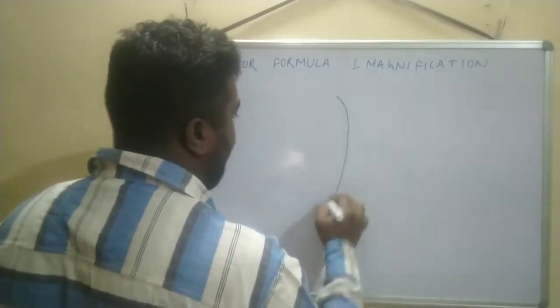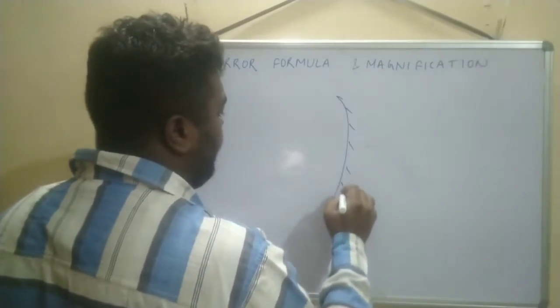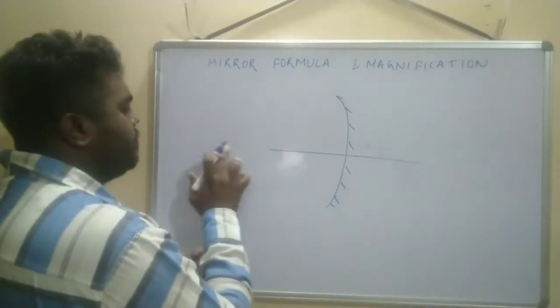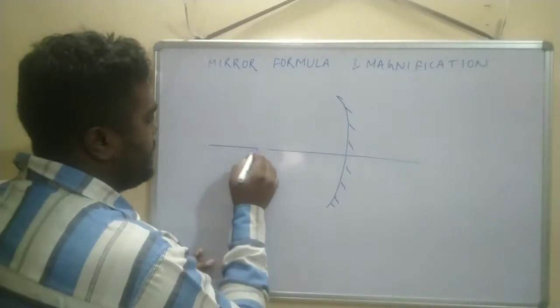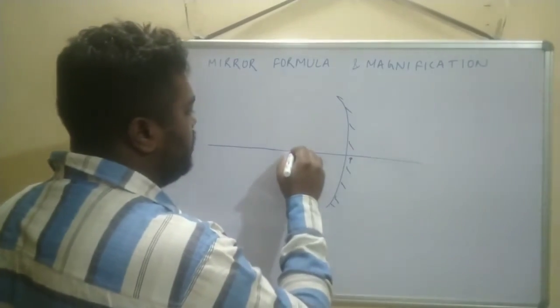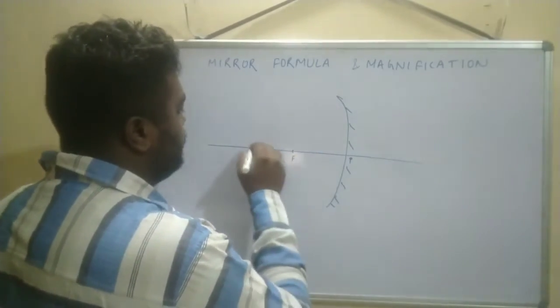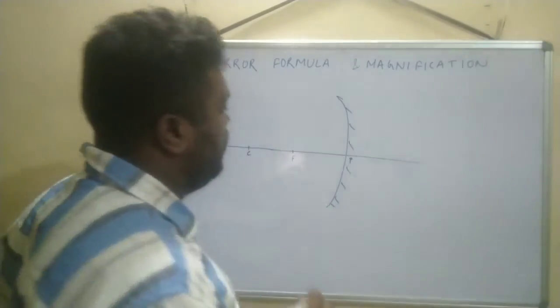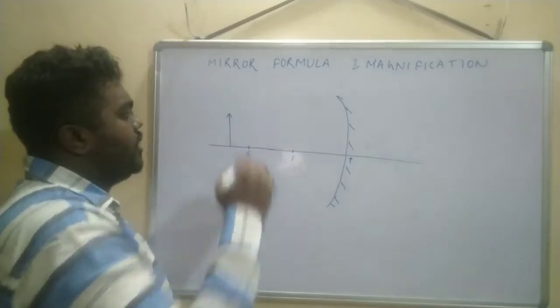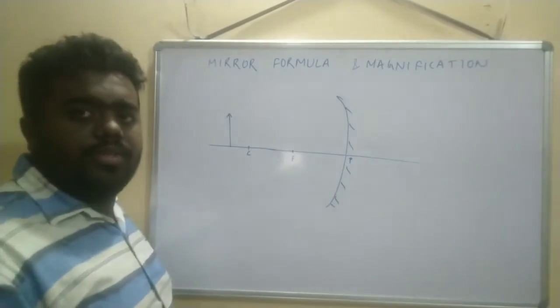Now again drawing a concave mirror. Now this is principal axis, this is pole, this is focus, this is center of curvature. Now suppose there is an object.